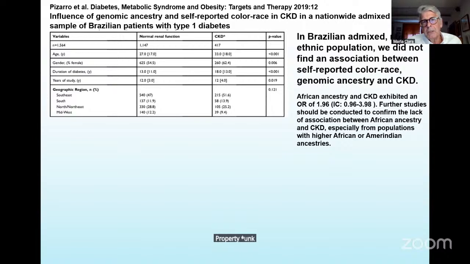We know that kidney disease is more predominant in sub-Saharan ancestry. We found some correlation, but as we have to do Bonferroni correction, it was not possible to be so affirmative in this association of African ancestry and kidney disease for those patients with type 1 diabetes.